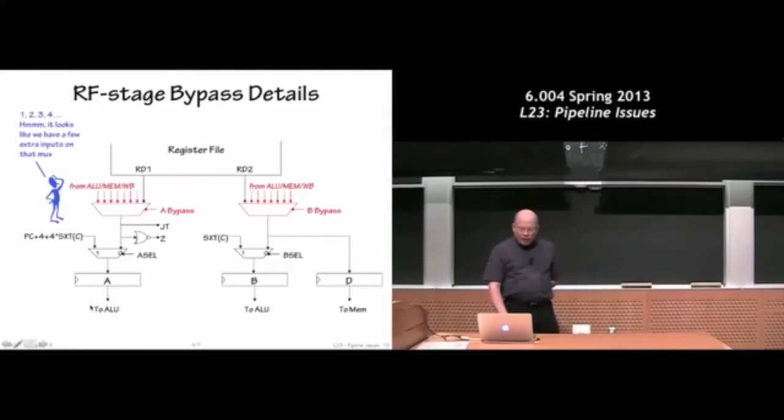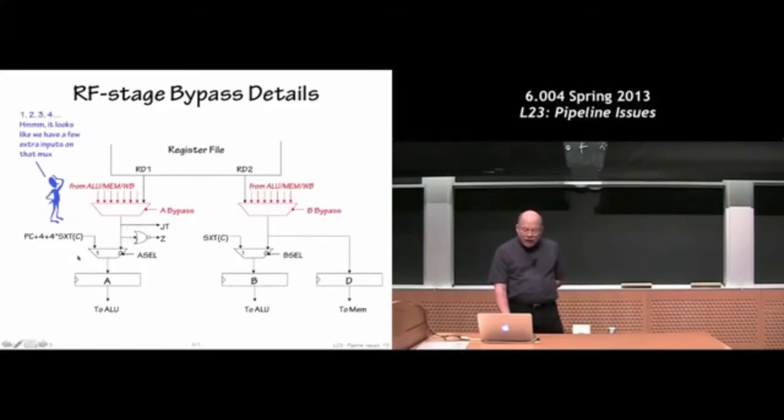Just to make really crystal clear the picture of where the bypasses go, the bypasses actually go right next to the register file. All of our logic that operates on the contents of a register, such as taking the jump address, testing to see if a register is 0, or feeding the value into the A cell mux or the B cell mux to select between a different number and the register contents.